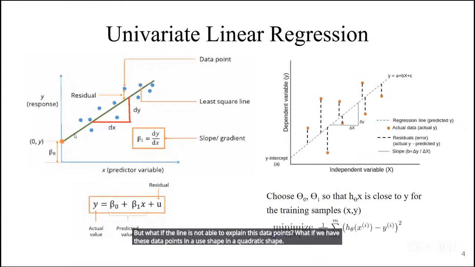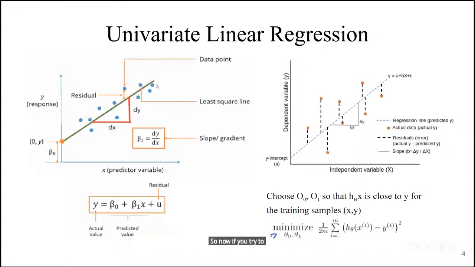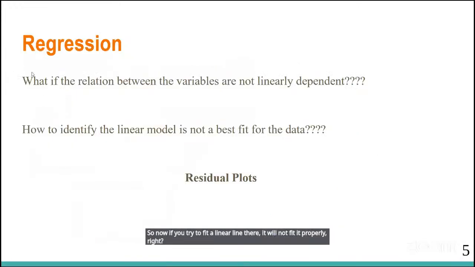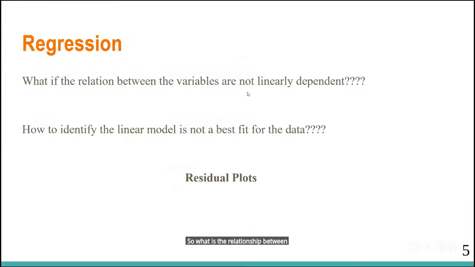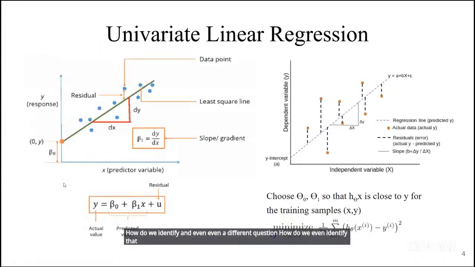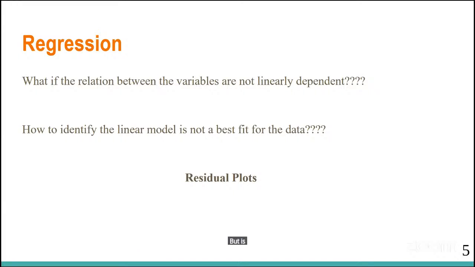Now if you try to fit a linear line there, it will not fit properly, right? And a different question: how do we even identify that a linear model is not the best fit? We can visually see such a thing, but is there a proper mechanism to see whether the linear plot is the best fit or not?